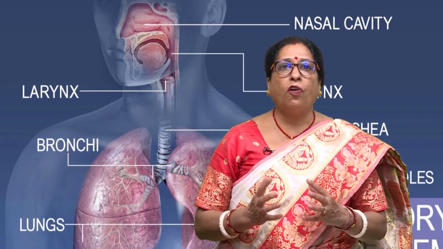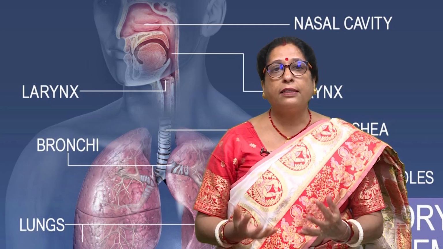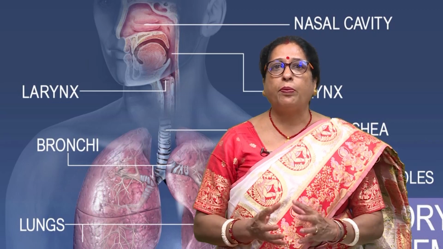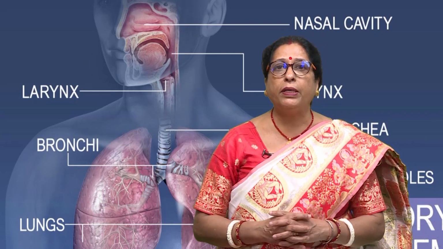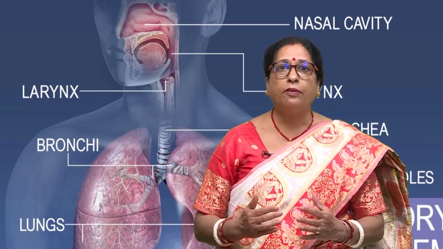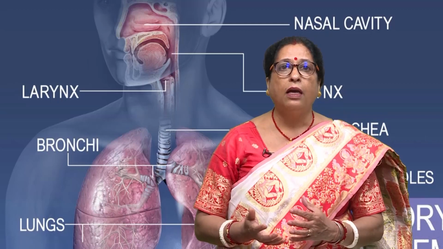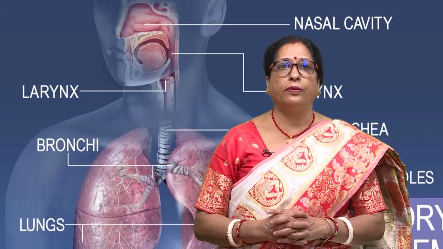Now, we will see what the respiratory system does. As discussed previously, the respiratory system has many functions. Besides helping us inhale, breathe in, and exhale, breathe out, it allows us to talk and to smell.